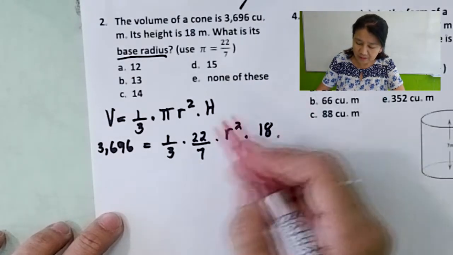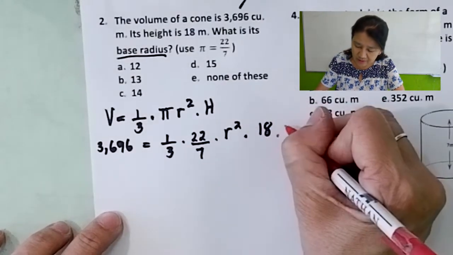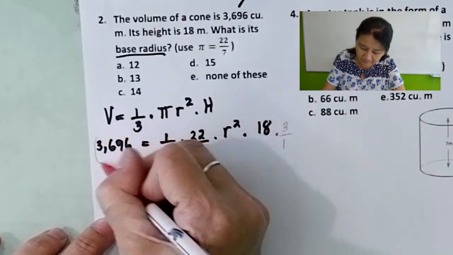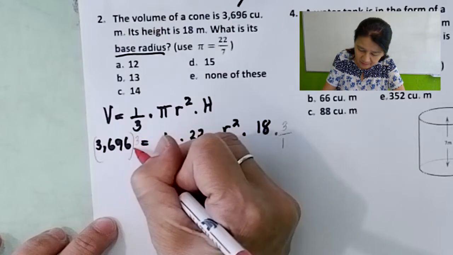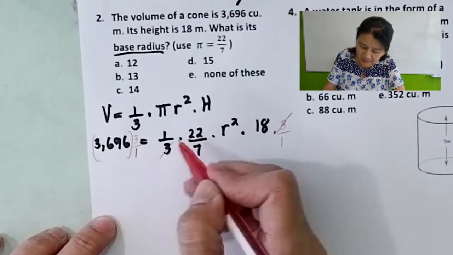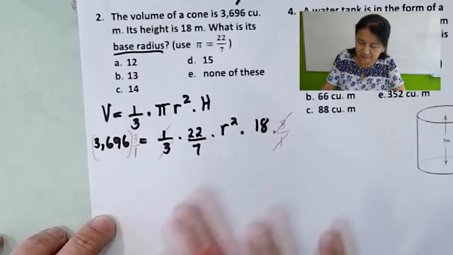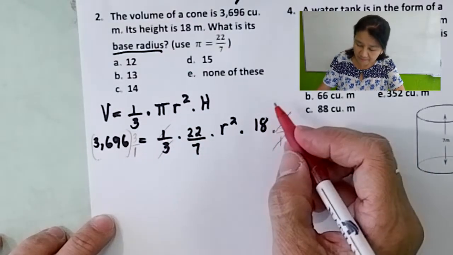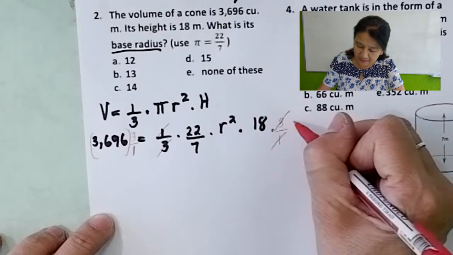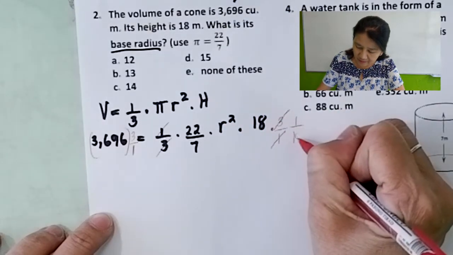So you multiply the inverse of 1/3, which is 3 over 1, to the left and to the right. This will cancel 3 and 1. So everything is now 1. And then you also have to multiply 1 over 18 to the left.